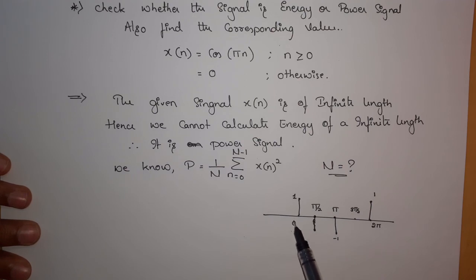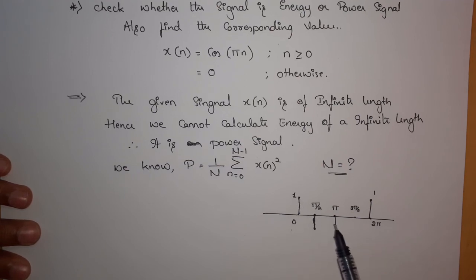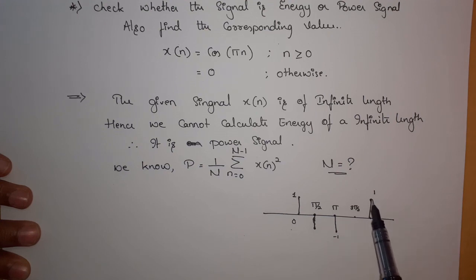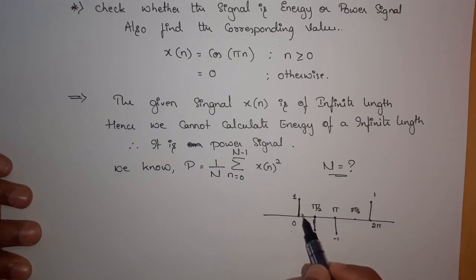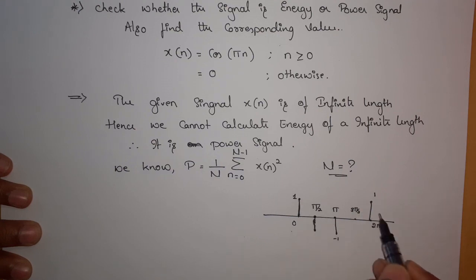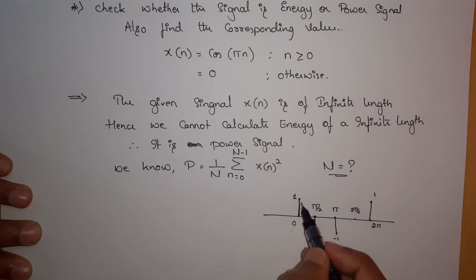You all know the values. And here we can see the signal is repeating, the amplitude 1 is repeating after the interval of 2 samples, one full cycle, and after one complete cycle the signal will be repeating.